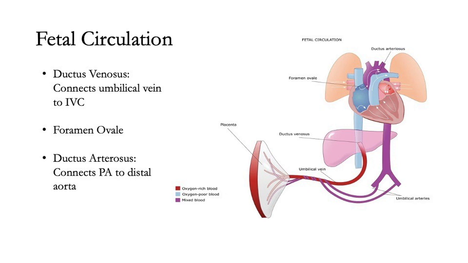The ductus venosus connects the umbilical vein to the IVC, allowing blood to bypass the liver. The foramen ovale is located between the left atrium and right atrium, allowing blood to bypass the lungs. The ductus arteriosus connects the pulmonary artery to distal aorta, allowing blood to bypass the left atrium.